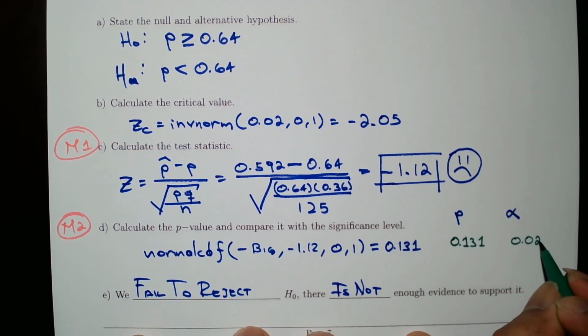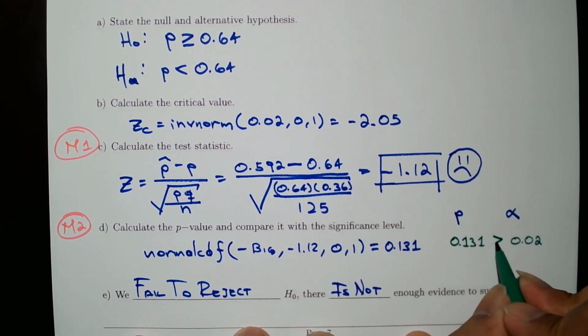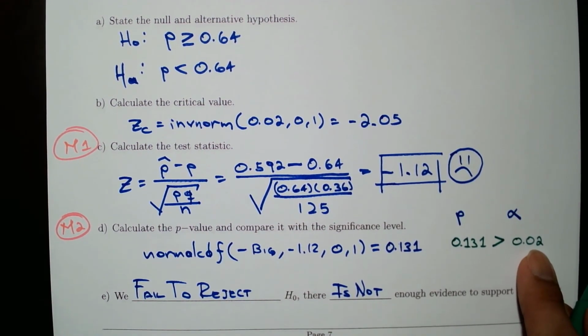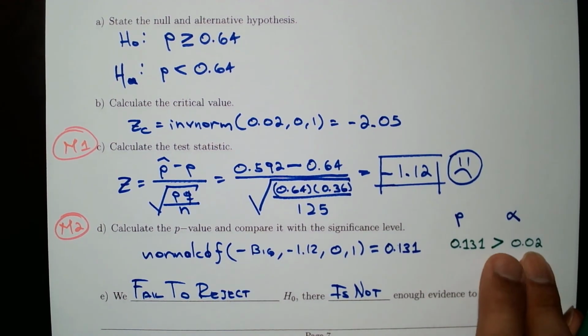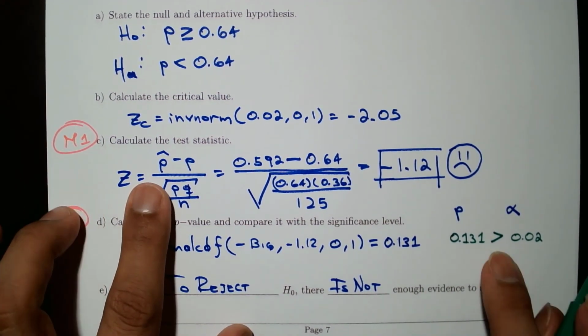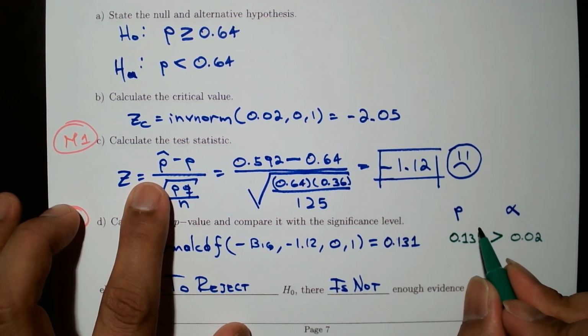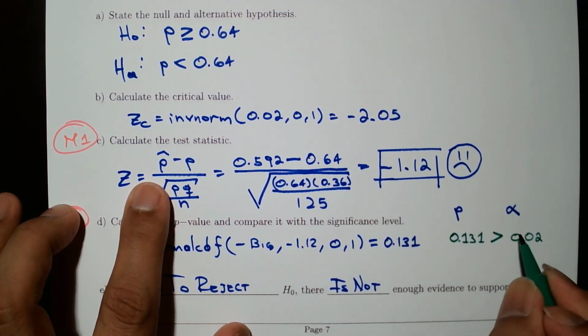And what are we going to get? In this case, our p-value is way bigger than our significance level. So this means essentially our experiment was poor. Look at the probability, it's really big in comparison with the precision.